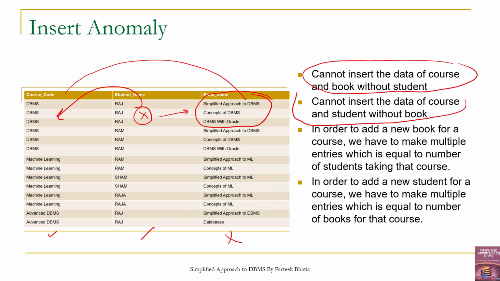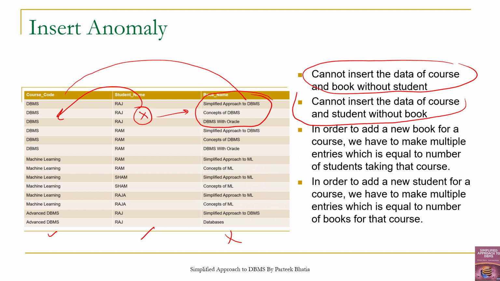Whenever a student joins a particular course, I have to make insertions equal to the number of books available in that course. This appears to be very illogical, but in this scenario, this is the only possible solution.